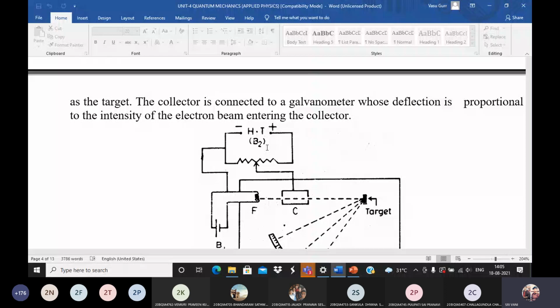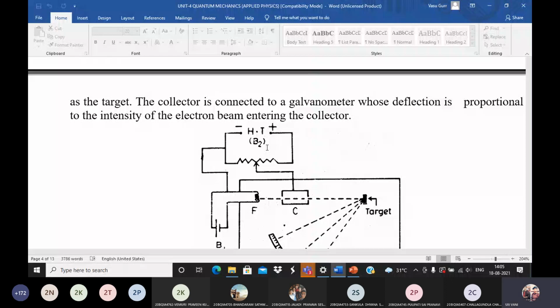Every crystal is made up of a number of atoms. If you join the lines connecting the atoms, then we get parallel planes. So inside the nickel crystal, the distance between any 2 neighboring parallel planes is 0.09 nanometers. This concept was given by a scientist named Bragg to study the planes inside the crystal.